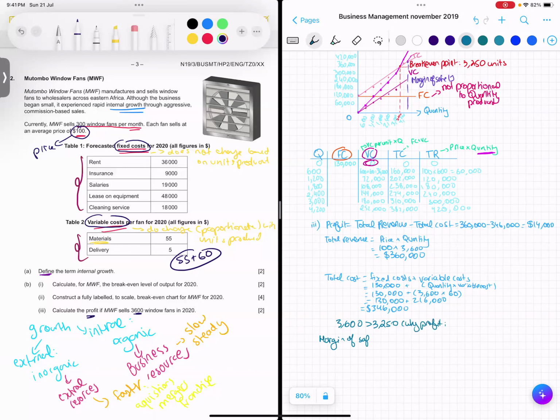You should directly know, before even solving this question, that profit will be positive because this is larger than the break-even output. So margin of safety is equal to 3,600 minus 3,250. So our margin of safety is 350 units. Okay. So this is basically the lesson for margin of safety as well.